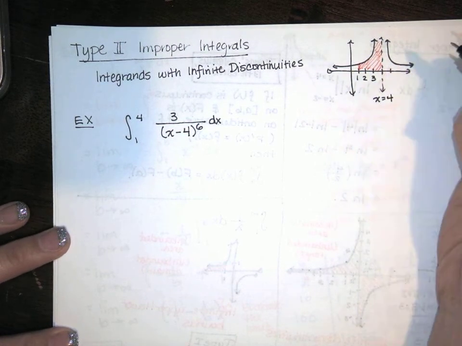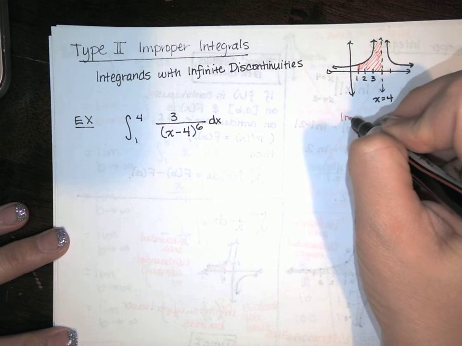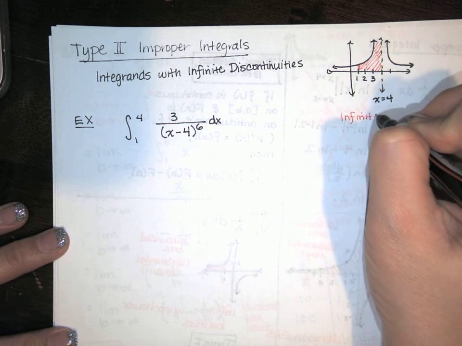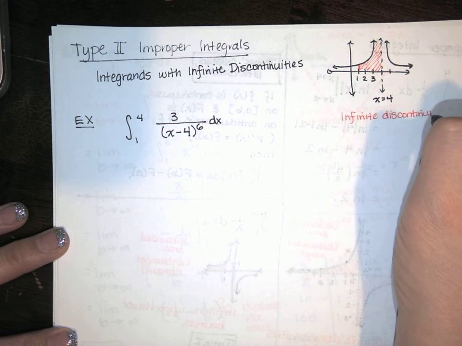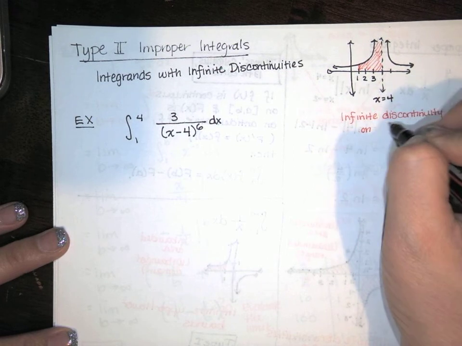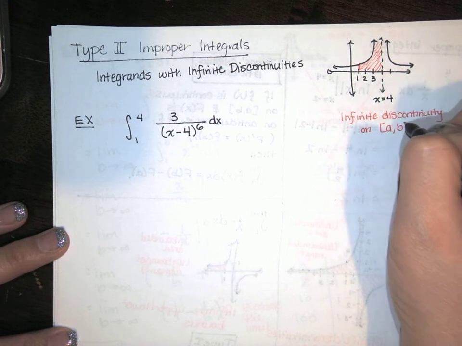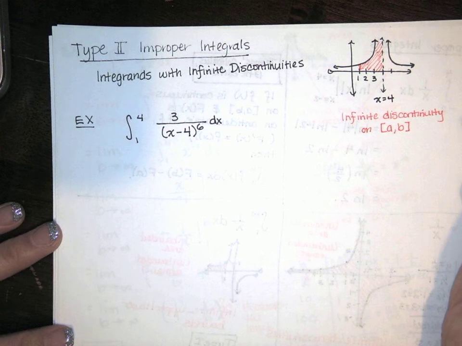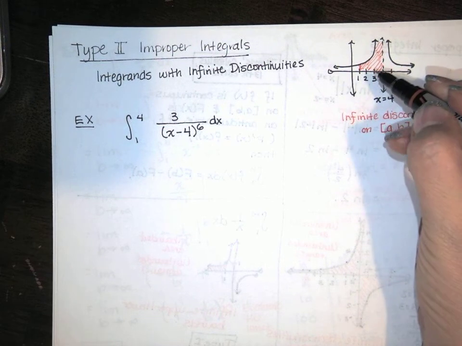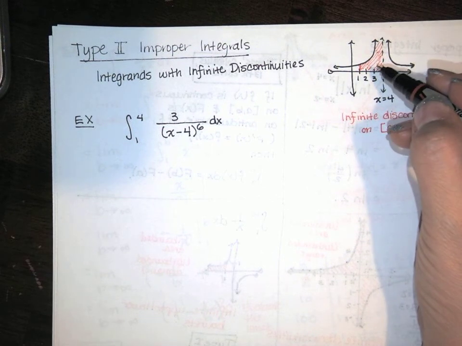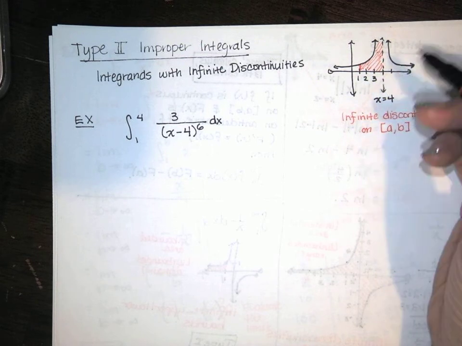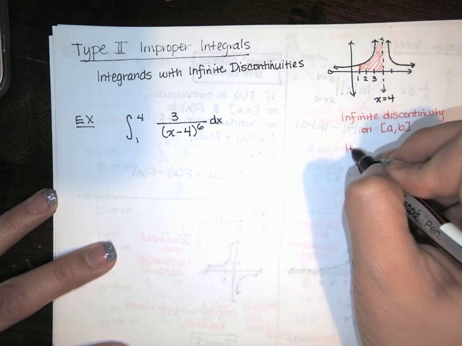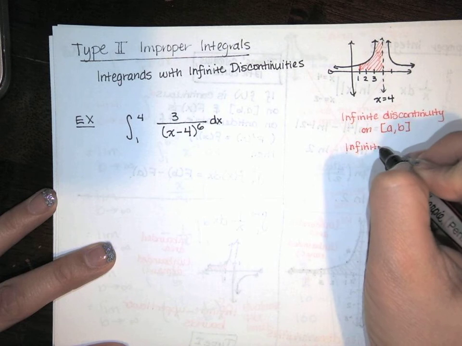So we've got an infinite discontinuity on the interval from a to b. And notice whenever that happens, the function is going to have an infinite range.